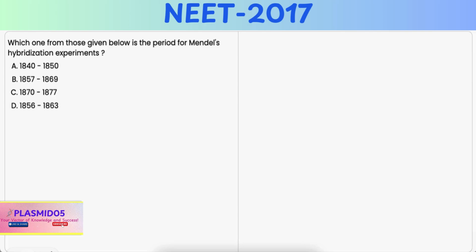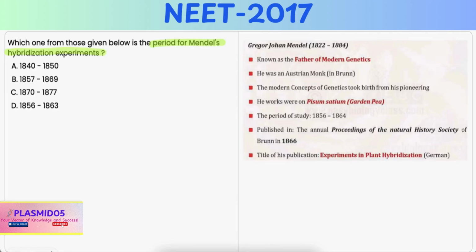In this question, you have to identify the period during which Mendel performed his famous hybridization experiments. Now, Gregor Johann Mendel conducted his famous hybridization experiments on Pisum sativum between 1856 and 1863, and these experiments formed the basis of Mendelian inheritance, and laid the foundation for modern genetics.